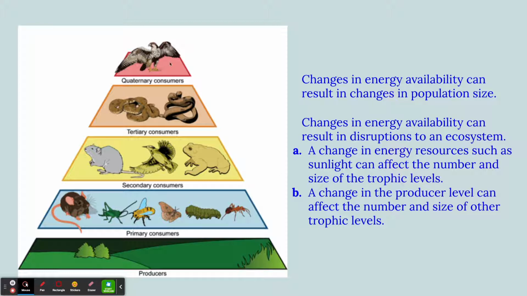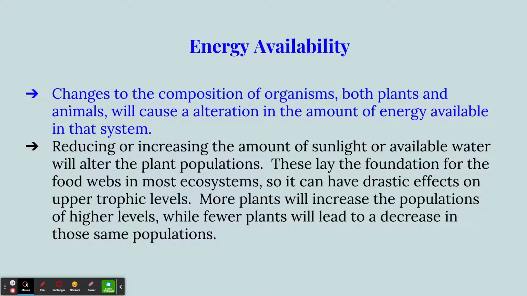If we had our quaternary consumers completely taken off of this pyramid, we'd see a massive growth in our tertiary consumers, which would then cause our other consumers to go up or down in population size. So ecosystems are very, very delicate and balanced in this matter.